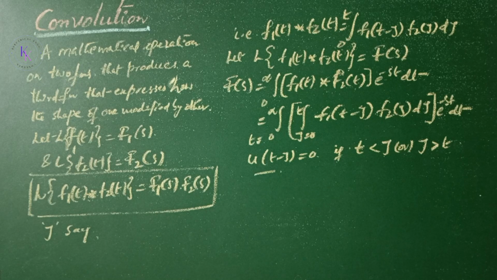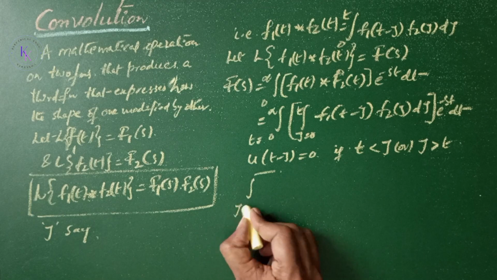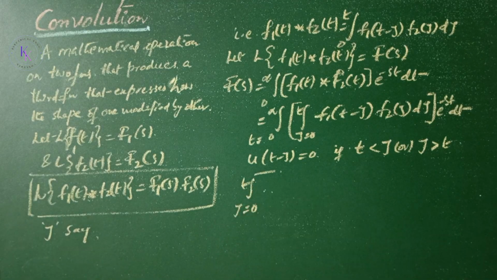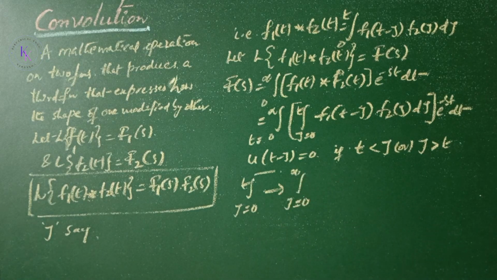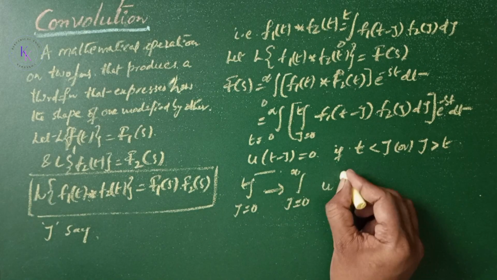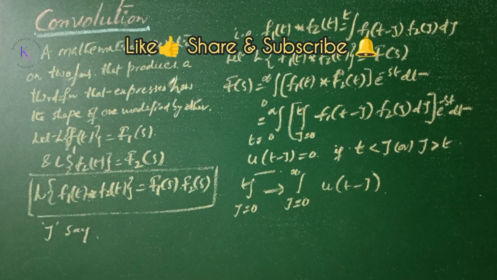The upper limit of the internal integral, that is the integral tau equals 0 to t, can be changed to integral tau equals 0 to infinity if the integral is multiplied by u(t minus tau). Now let us rewrite the above expression.